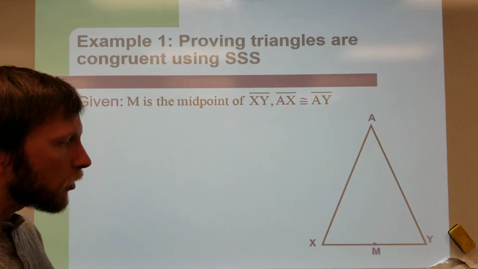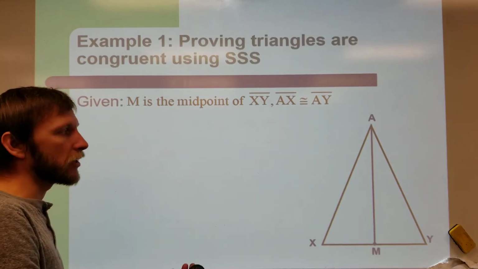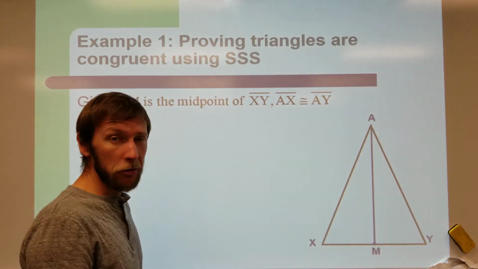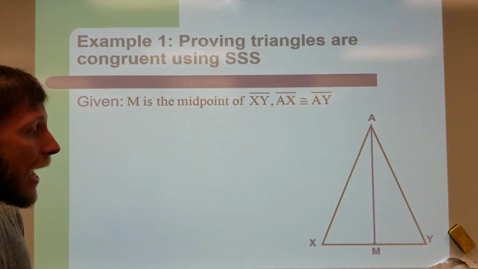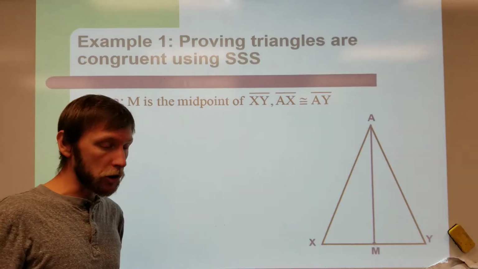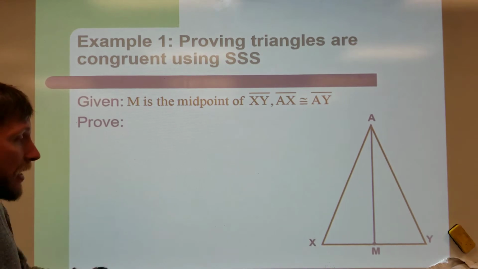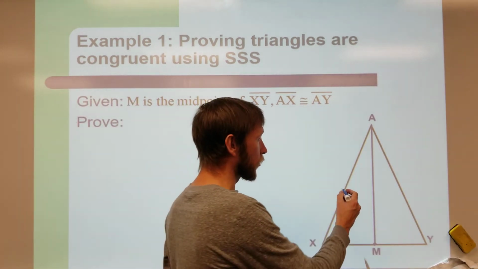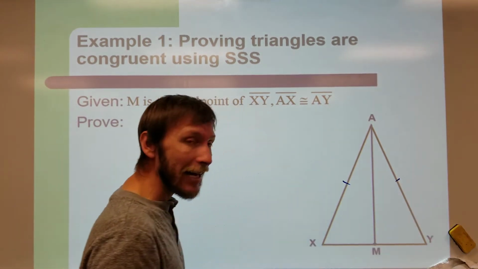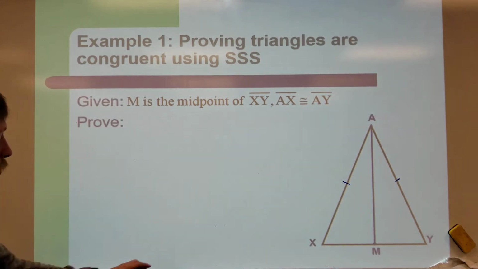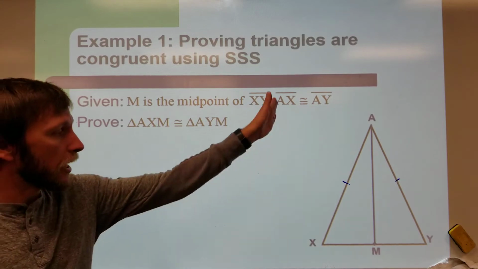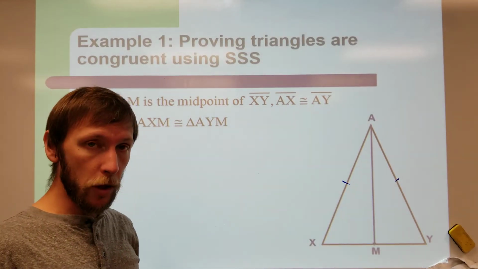So we had one triangle, we identified the midpoint of one of the sides, we made 2 triangles, yay. Now this triangle is extra special. We know that AX and AY are congruent to each other. That's important information. That means that this is an isosceles triangle. And we are going to prove today that these 2 triangles, AXM and AYM, are congruent to one another.